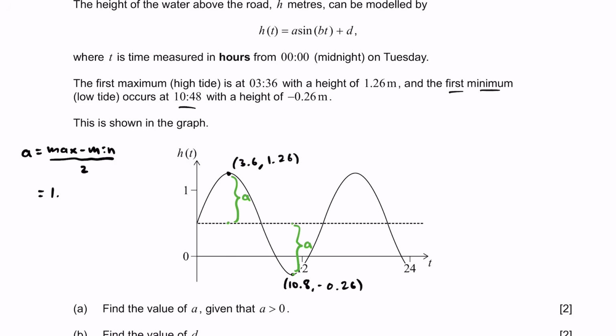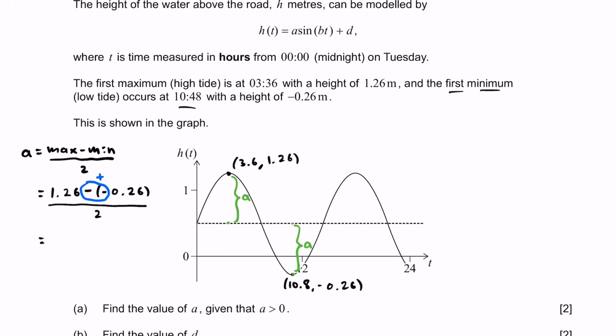Maximum height is 1.26 minus, careful, the minimum is already a negative 0.26. So minus 0.26. 2 negatives make a positive. Essentially, we're going from 1.26 and then adding another 1.26. That's going to give us the total distance. We want to divide this by 2 again.